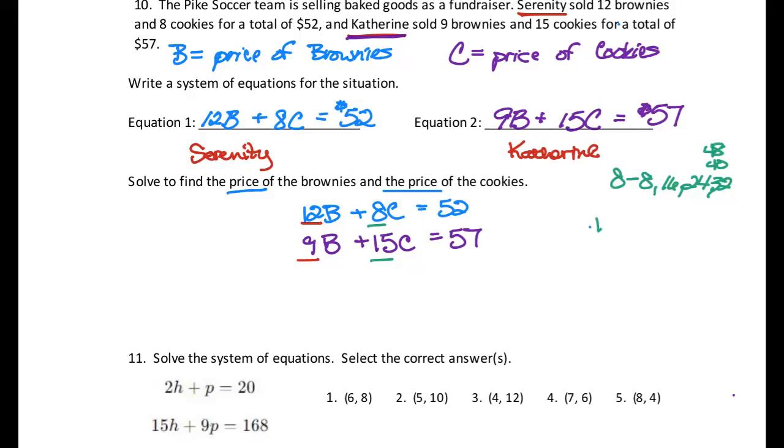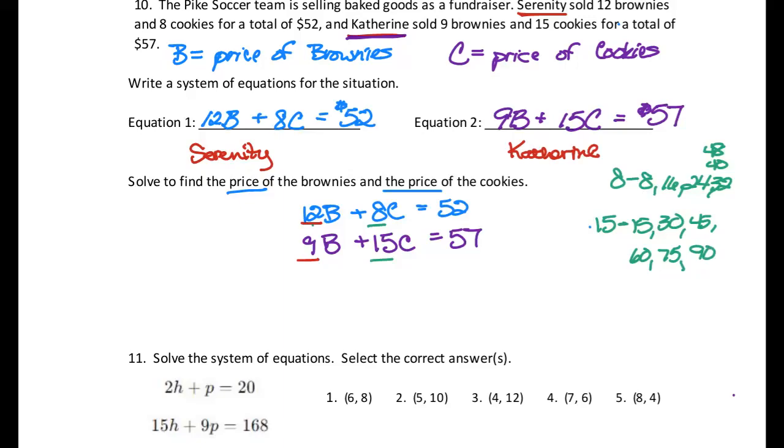Now, if I do 15, I would get 15 times 1 is 15, 15 times 2 is 30, 45, 60. That's not looking so good. 15 times 5 is 75. What is it, 90? It probably is 90.